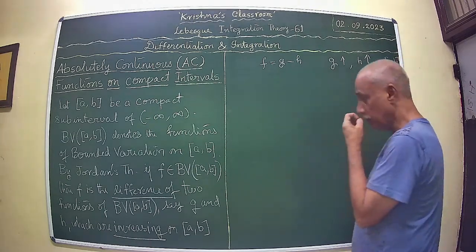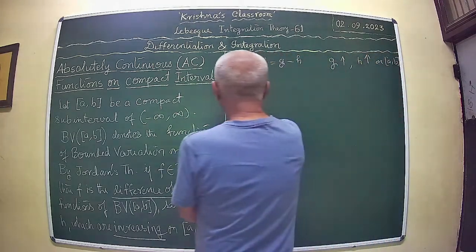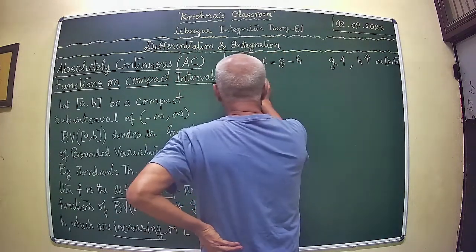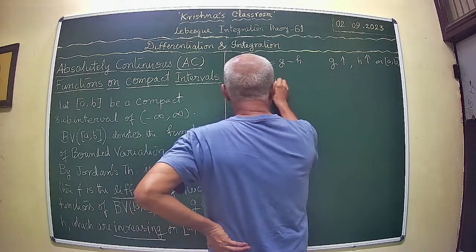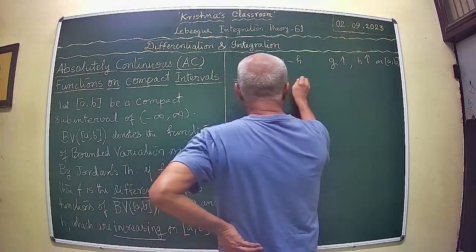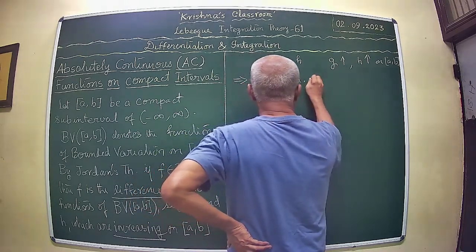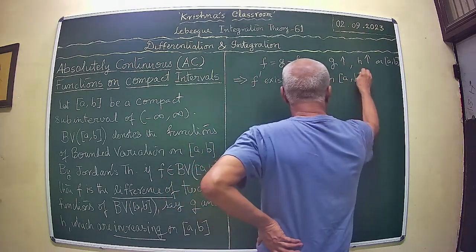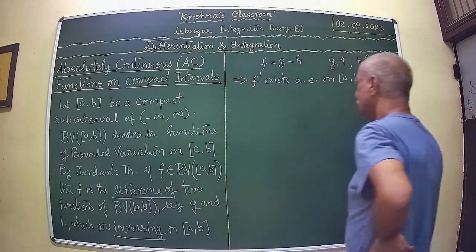Therefore, that implies f derivative exists almost everywhere on AB. It's a very nice conclusion.